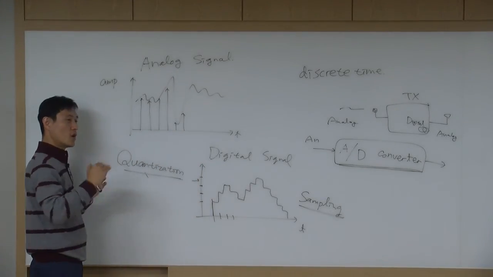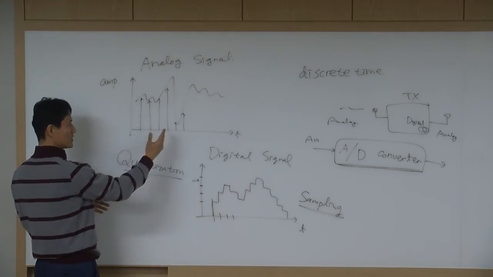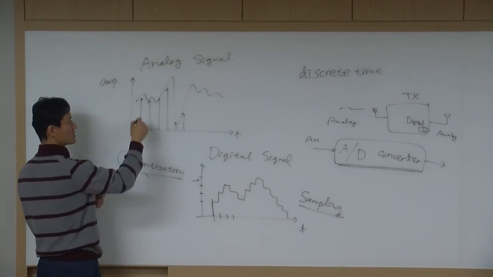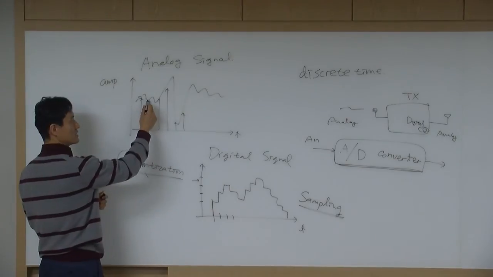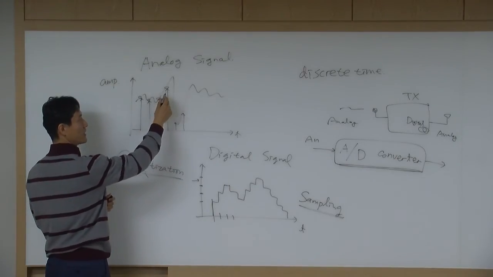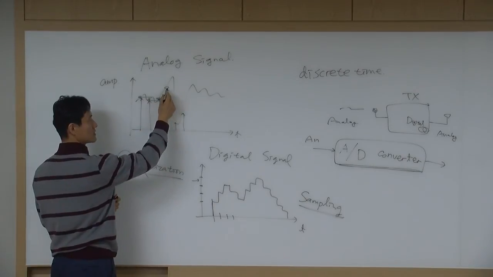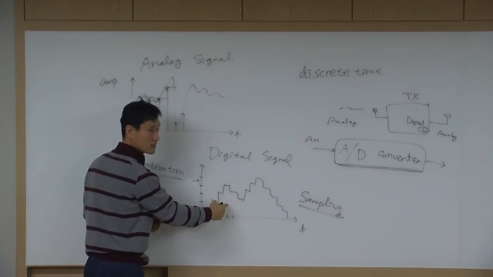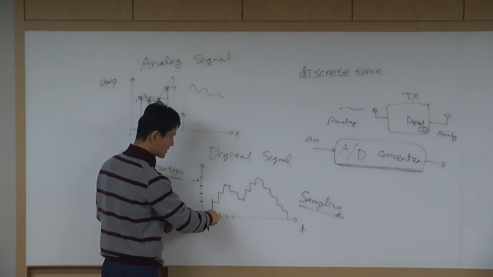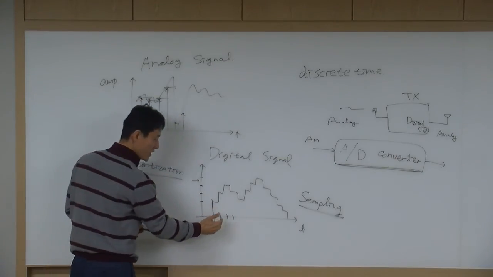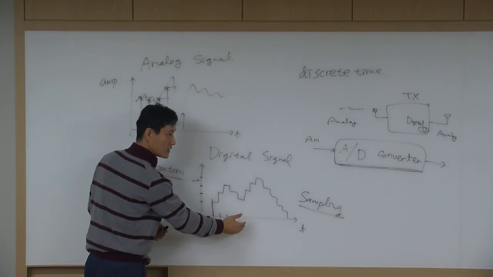If you use a low sampling frequency, you do it slowly. Whenever you do sampling, you get this value, and this value, that value, and you make a sample and hold like this, so you get a staircase kind of function. That means we have done sampling already.